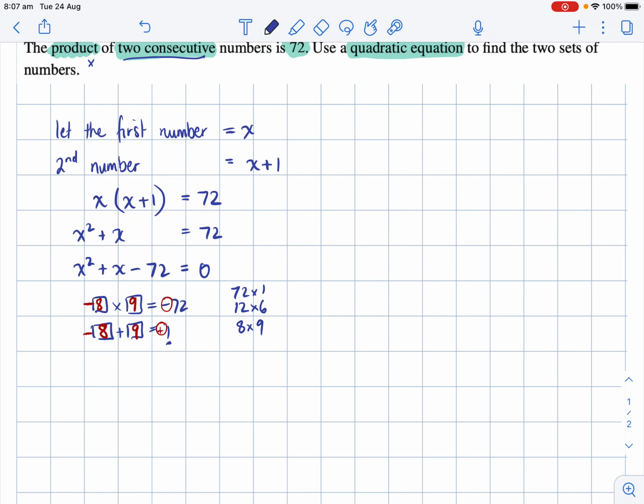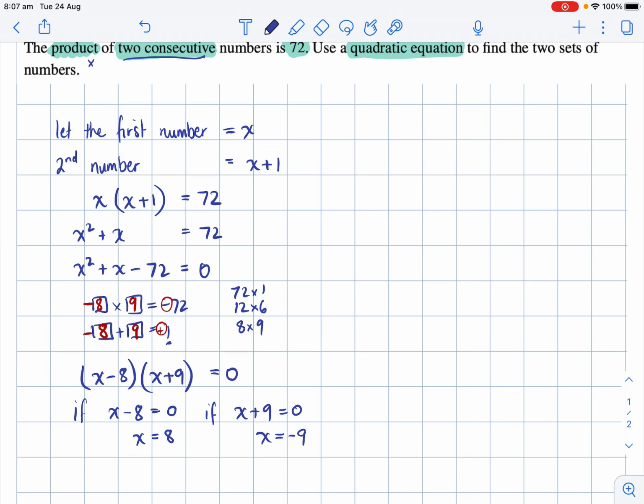And now we can factorise to x minus 8, x plus 9 equals 0. And using our null factor law, if x minus 8 equals 0, then x equals 8. And if x plus 9 equals 0, x equals minus 9.